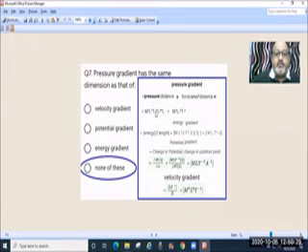To solve this type of question, you should have the dimensional formulas in your memory, or you should be able to derive them if you know some relationships. So keep in mind, this is very important.